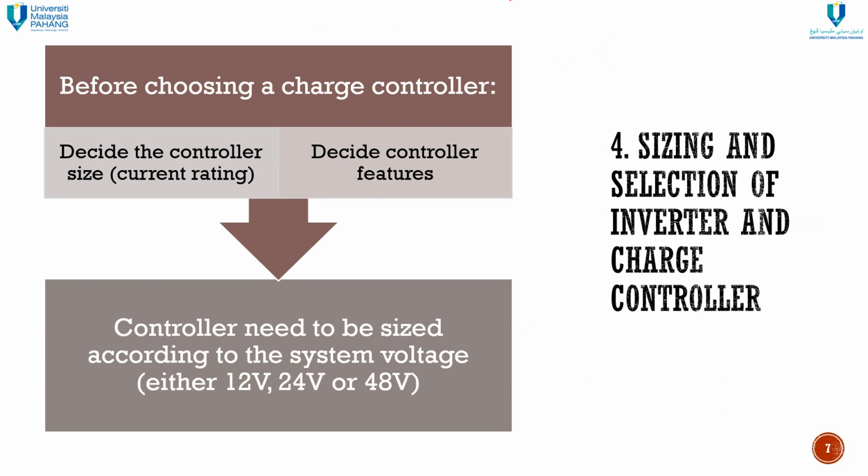And then before choosing a charge controller, decide the controller size, current rating. Mostly they are written like 10 amp charge controller, 20, 30 or 40 and 60 and sometimes 100 amps of the charge controller, MPPT charge controller, whatever lah.